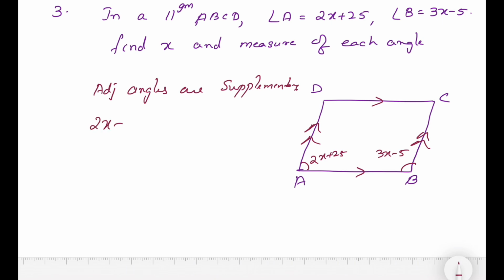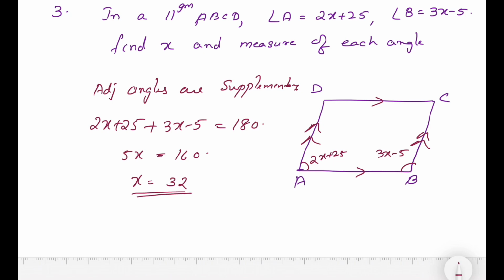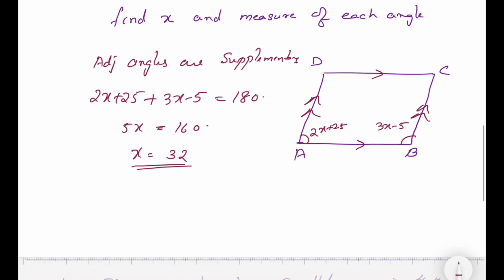So you can say 2x plus 25 plus 3x minus 5 equal to 180. So 5x equal to, 25 minus 5 is 20, bring it to RHS, 180 minus 20 is 160. So x is equal to 32. Now find the measure of each angle. So angle A is equal to 2 into 32 plus 25.